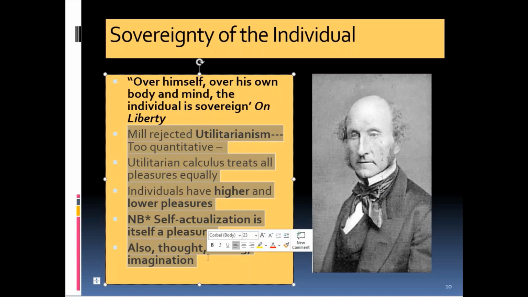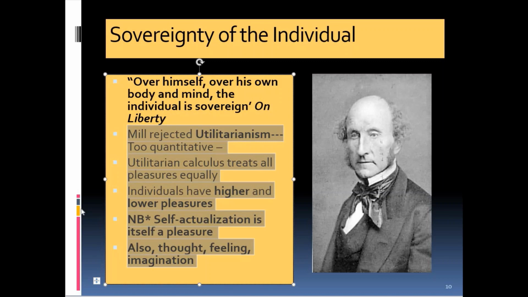Individuals have different orders of pleasures, higher pleasures and lower pleasures, right? This is kind of like what's famously known as Maslow's hierarchy of needs. The lower pleasures, I suppose, would be the pursuit of food and shelter, and companionship would be higher up, and then at the top would be self-actualization.